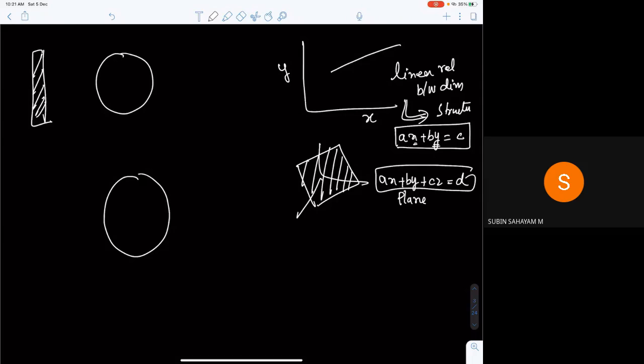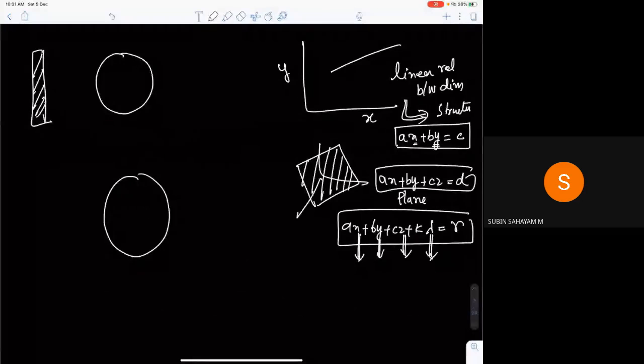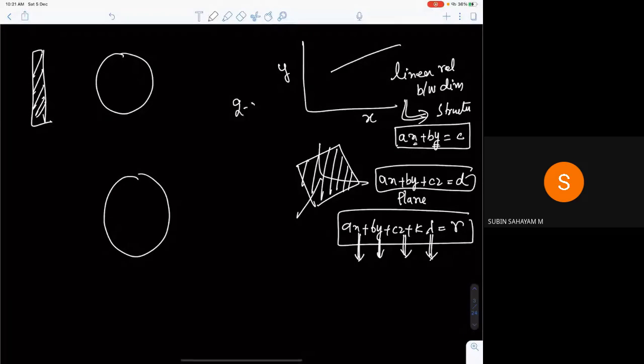And if I say ax plus by plus cz plus k times lambda is equal to some gamma, this is going to be a hyperplane, in which I'm having x dimension, y dimension, z dimension, and lambda dimension. Anything which is more than 3 dimensions, we always call a hyperplane. Is that okay, or do you require any other explanation? Please let me know.